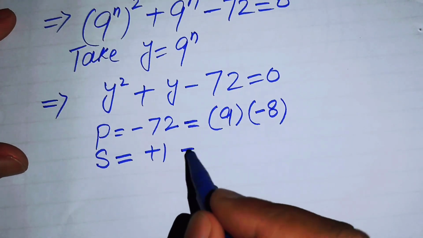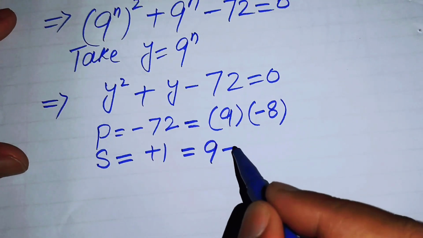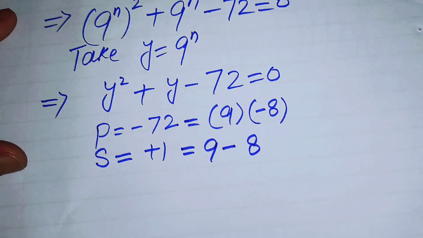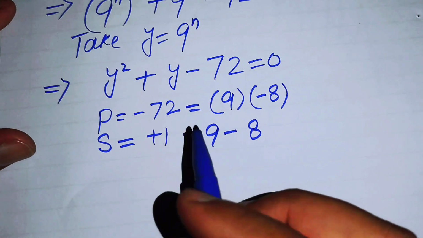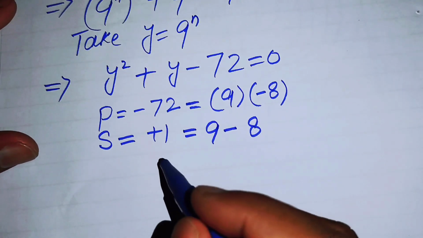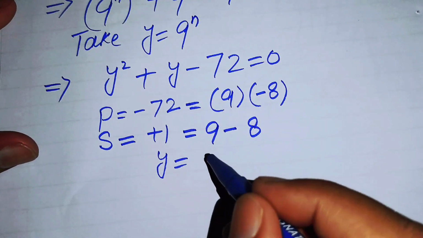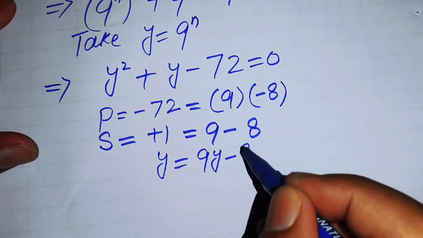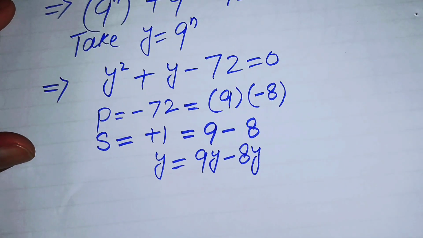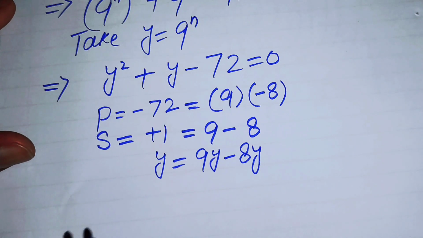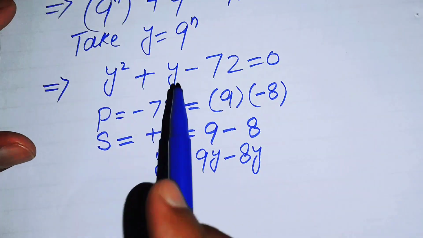Similarly, when you add 9 and minus 8, it is equal to plus 1. So here I can write y as 9y minus 8y. This is the very easy trick to find the factors of this equation.